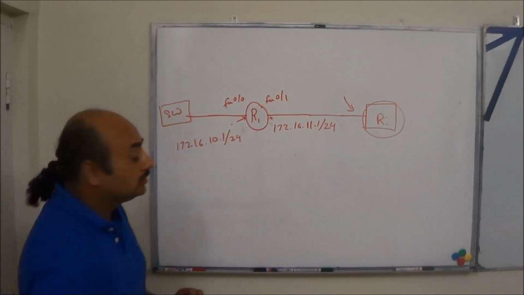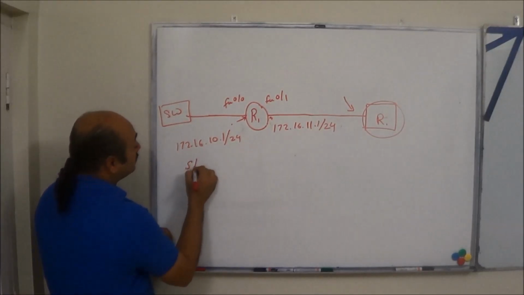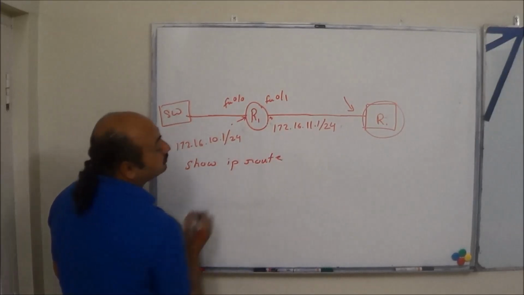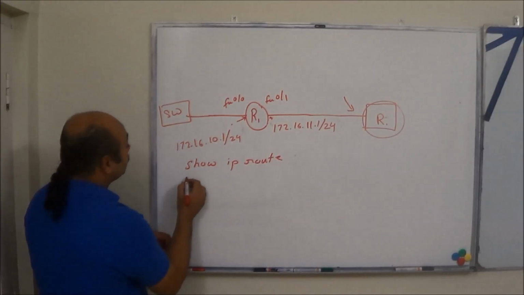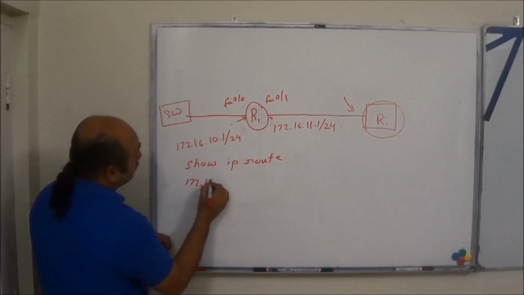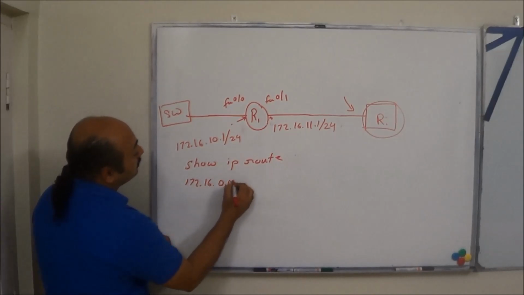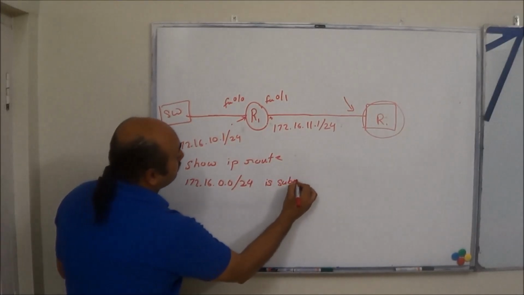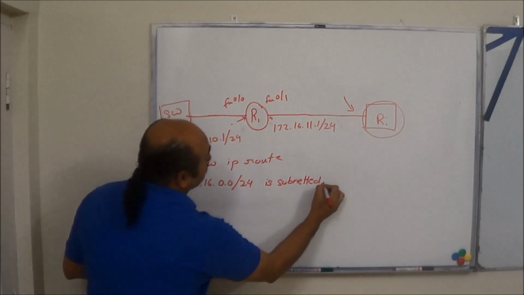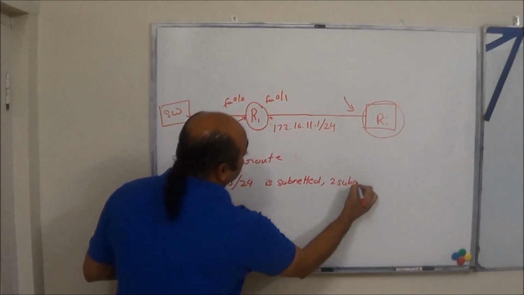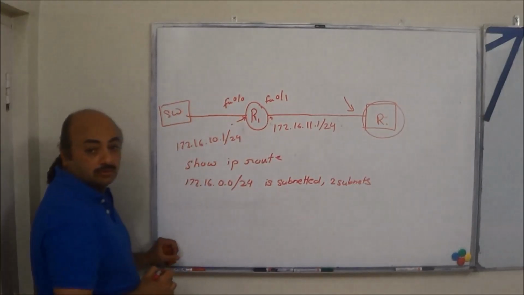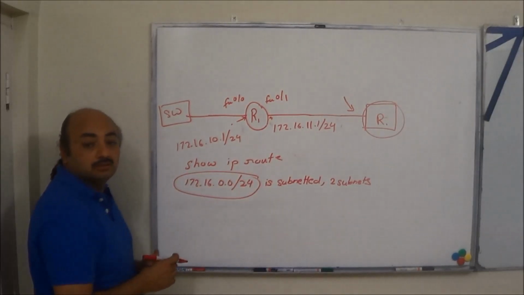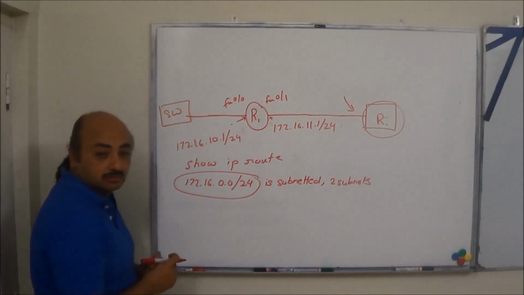In this case, if you issue the command show ip route, what will it show? It is going to say that 172.16.0.0/24 is subnetted, with two subnets.